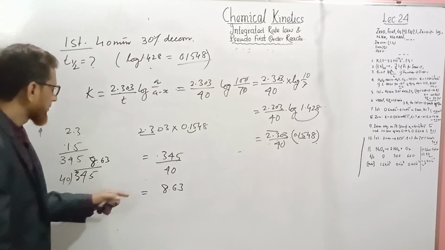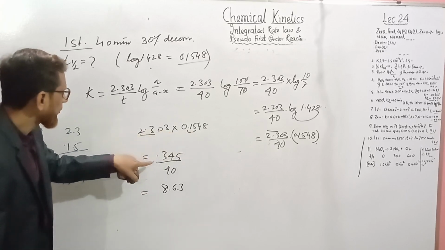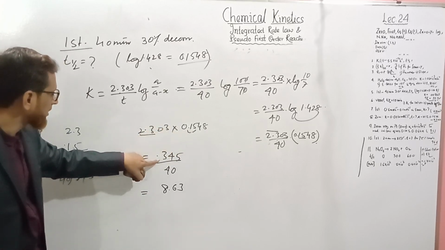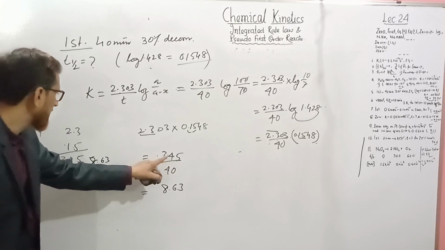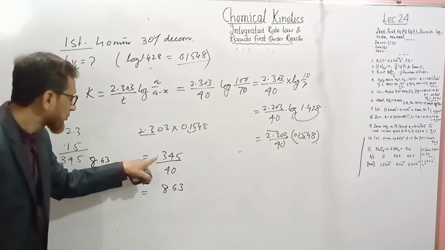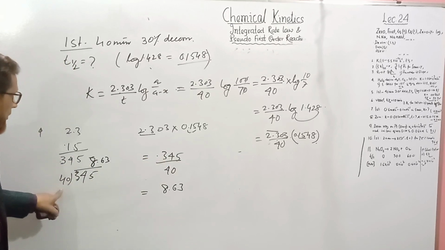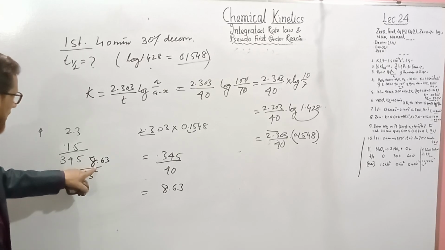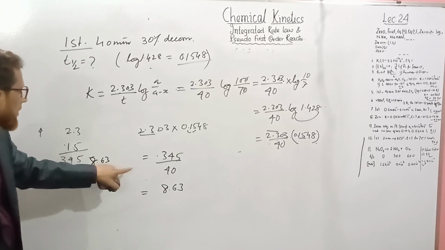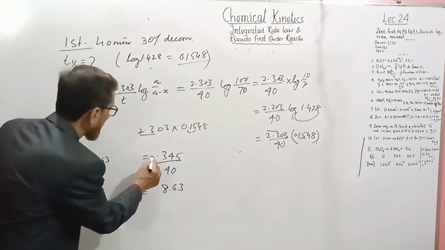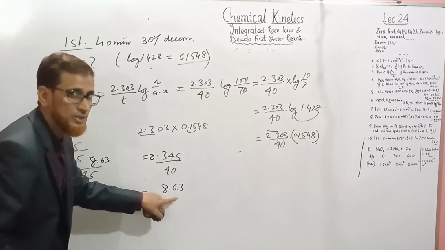So you see, we have done this one and we got the result. Each and everyone can get this result 0.345, and when we have divided it, we have not assumed the point. We just divided 345 by 40. We got the answer 8.63. You don't assume this point. We got the answer 8.63. Am I right?